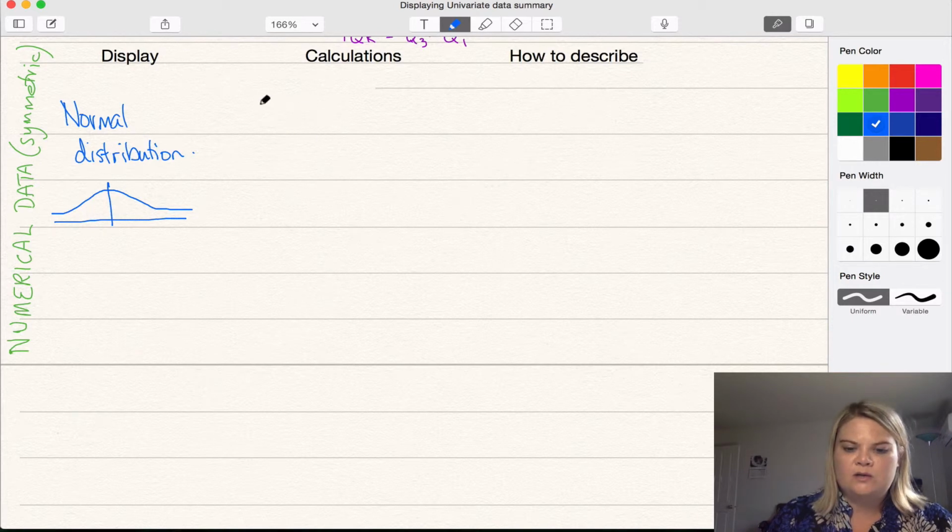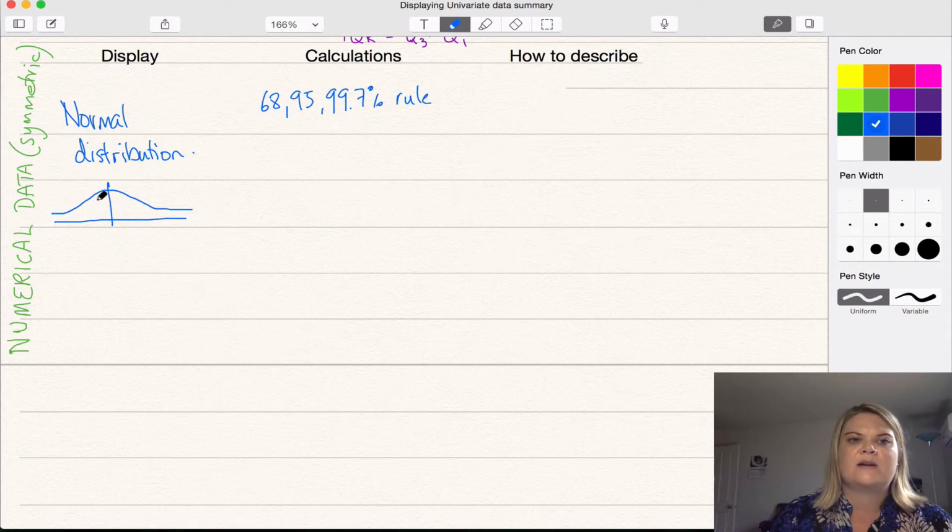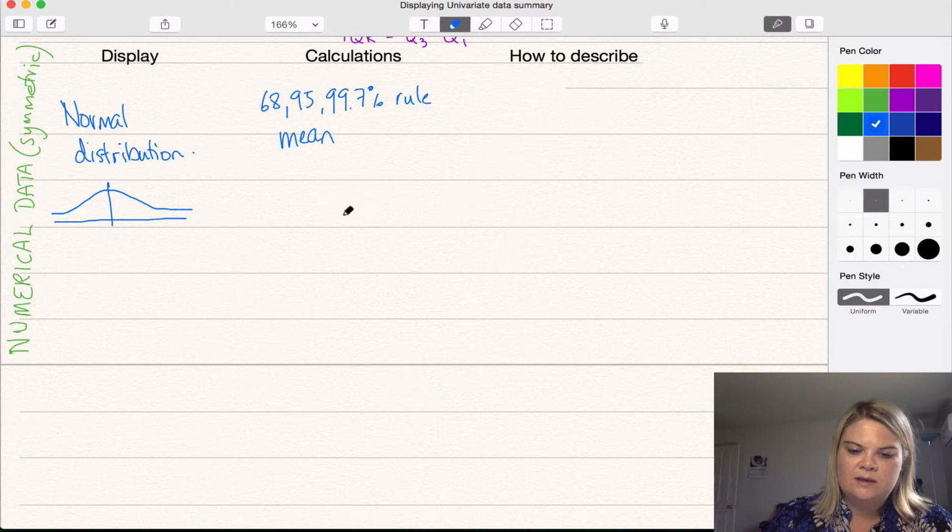Calculations we use with the normal distribution is the 68, 95, 99.7% rule to show us where 99 or 68% of the data is in between 2 points. We can find the mean of the data easily, and we can find the standard deviation.